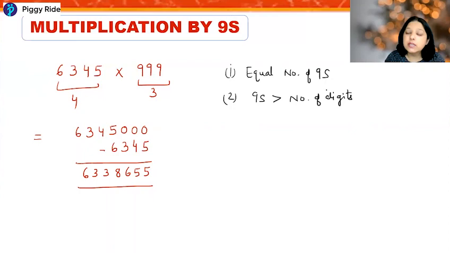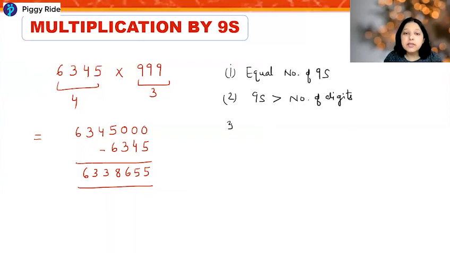So if you have equal number of nines, subtract 1 from the given number and then subtract the given number from 9, 9 and 10. And if you have more nines than the digits, then you do the first step. First you put 0 in the left side and then you subtract the number from 1 and then you do 9, 9 and 10 according to the number of digits there.